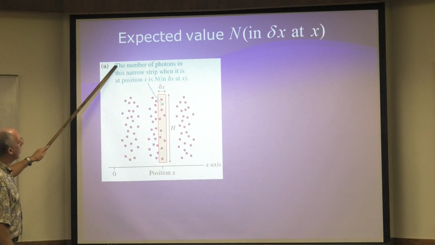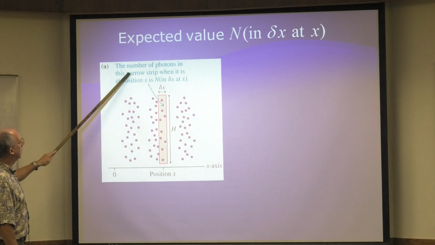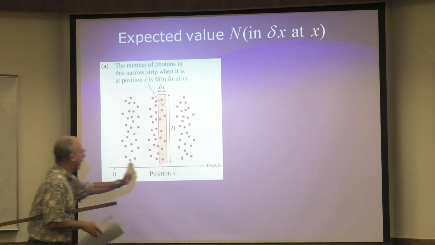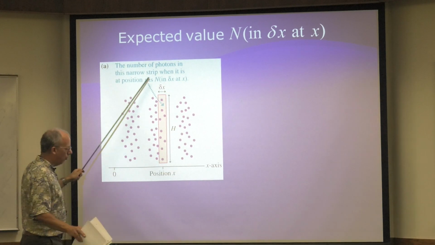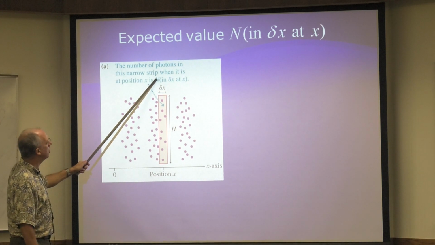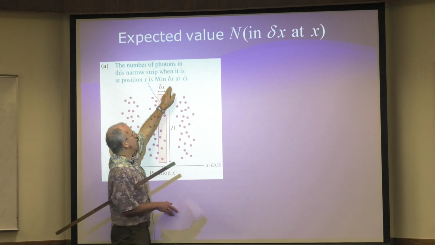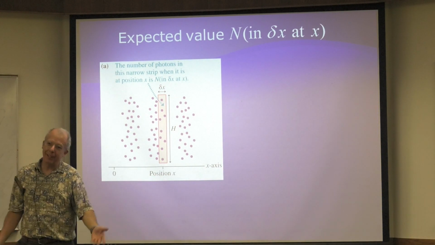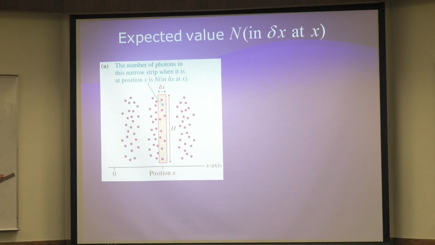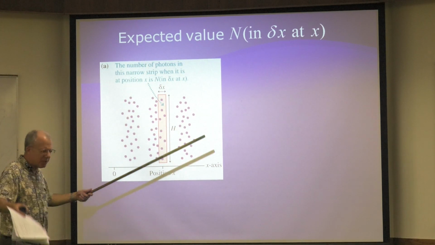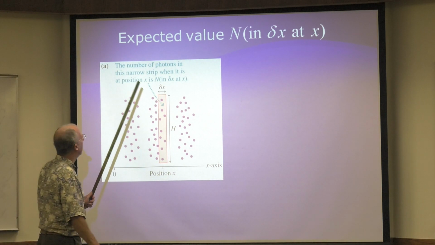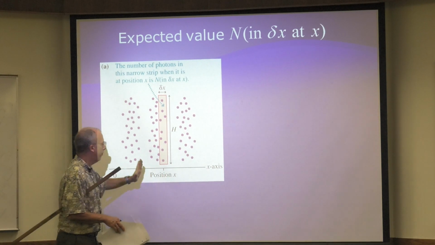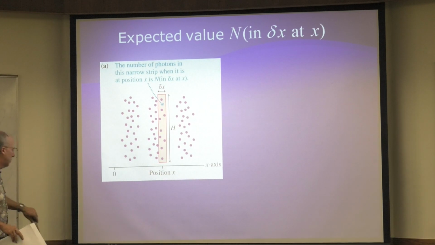So the number of photons in this narrow strip when it is at position x is written as n, the number of photons in delta x, in this width at this position x. Got it? That's what it means. A lot of books would just say n, and you'd ask, what is n? But this is incredibly clear: number of photons in this width at this position. Bingo! That's what n is. So it's an expected value.